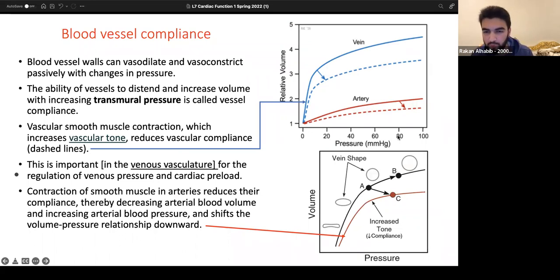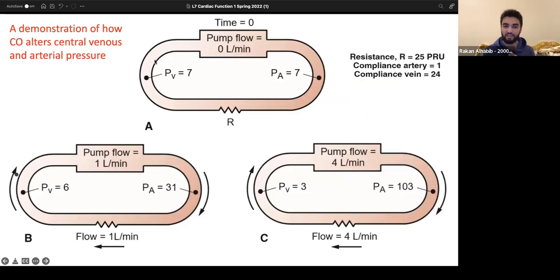If veins are more compliant, how come the pressure is the same for arteries and veins when the flow is zero? When the flow is zero, I'm telling you that the pressure is the same when there's nothing happening in the body.